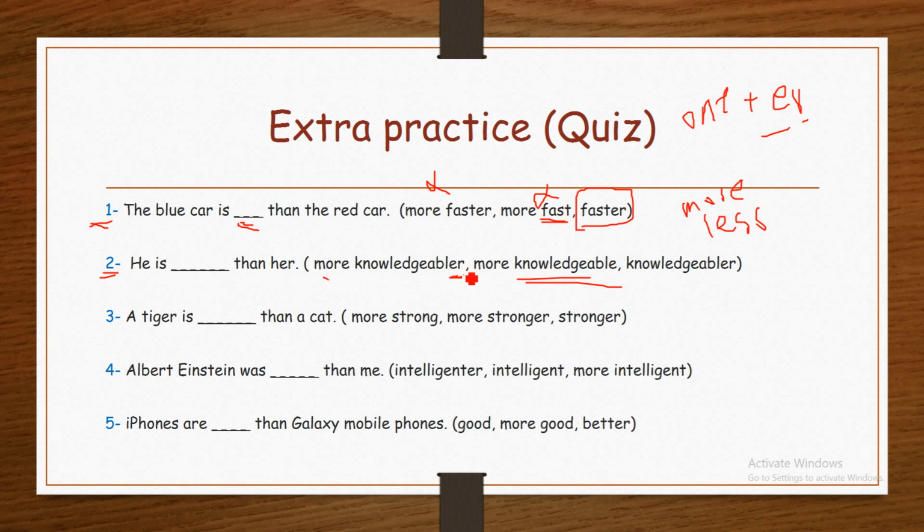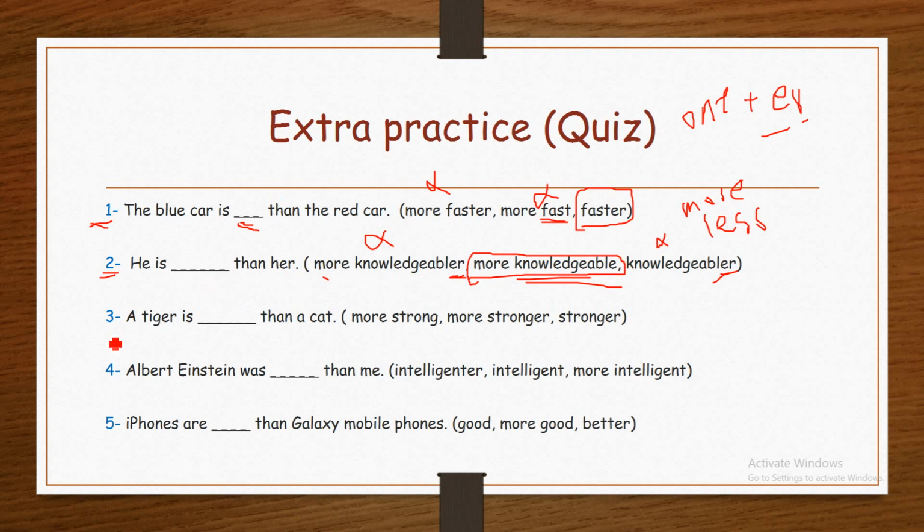They can't be added at the same time. Therefore, this is completely incorrect. Knowledgeable alone has more than one syllable, and we cannot add er. Therefore, this is not correct either. Here, only more is added. We said for adjectives of two or more syllables, we add more or less. Therefore, this is the correct answer. He is more knowledgeable than her.